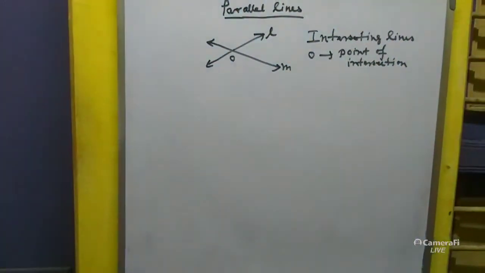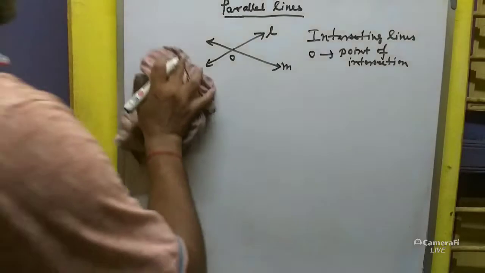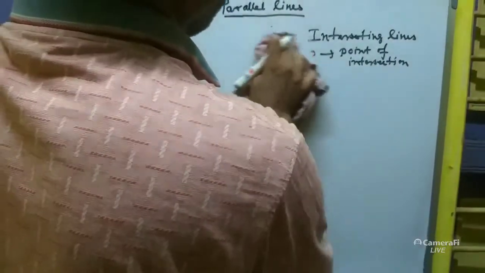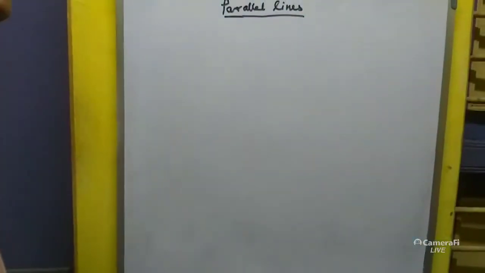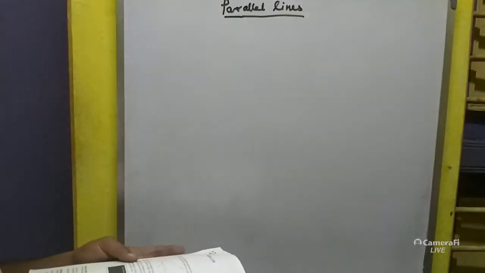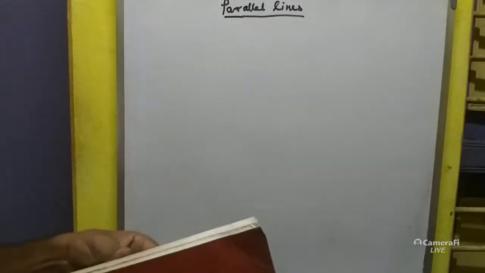So this is very important. Whenever they intersect, that means if you get a common point between them, then you can say that these are not parallel.